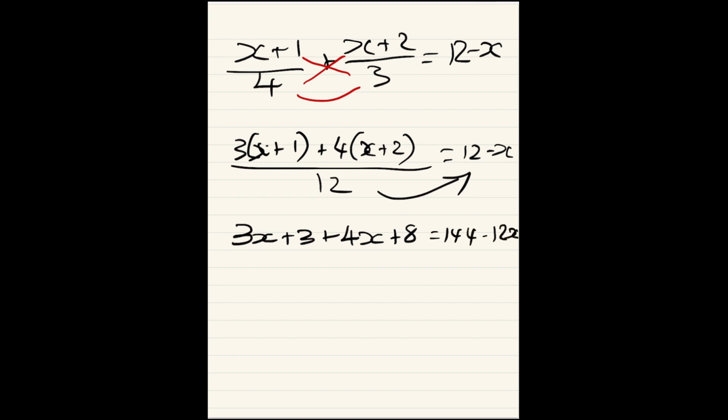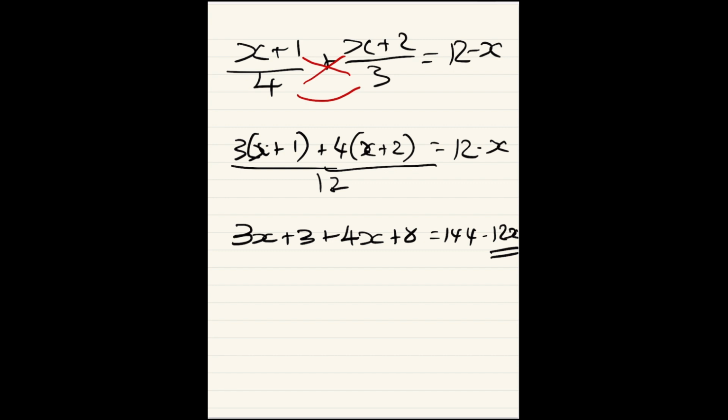Now I want to simplify wherever possible. So I've got the 3x and the 4x makes 7x. I'm also going to add 12x to that, okay, because by doing so I get all of my x values to one side.